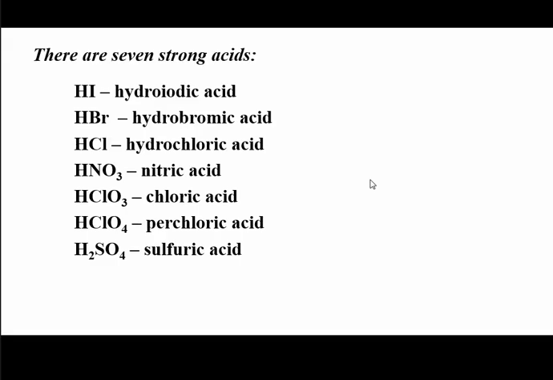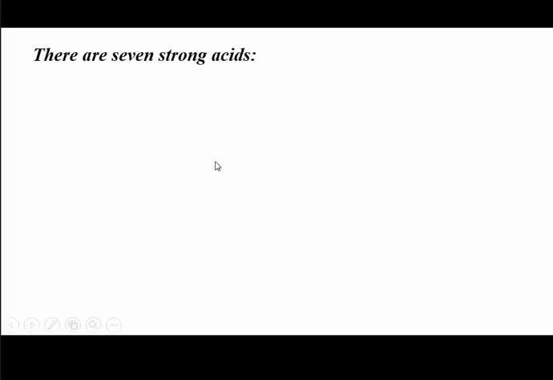Sulfuric acid is the most common industrial acid in the world. Because when we burn coal, and we burn a lot of coal to make a lot of power in the United States, it gives off a lot of sulfur. That sulfur is captured in the smokestacks, and that sulfur then is turned into sulfuric acid. So there's a lot of sulfuric acid around. Okay? Everybody got that? All right.